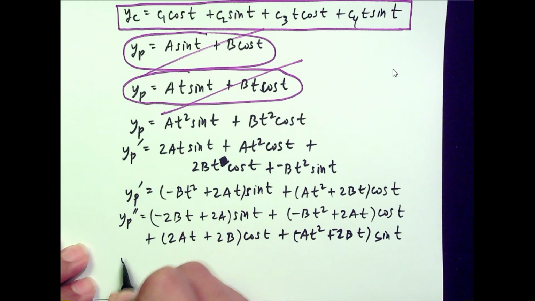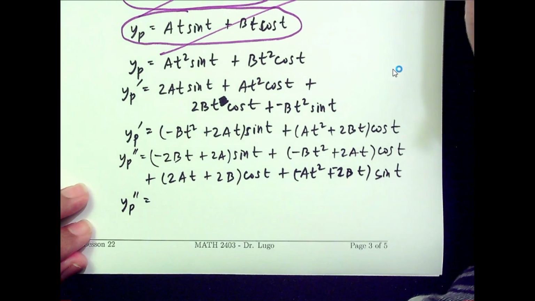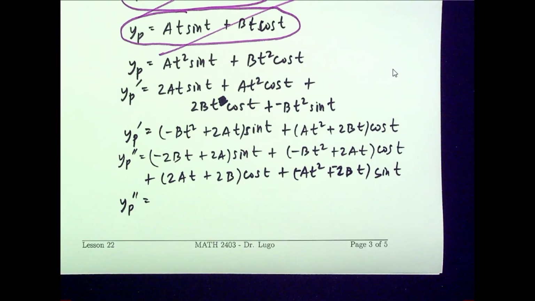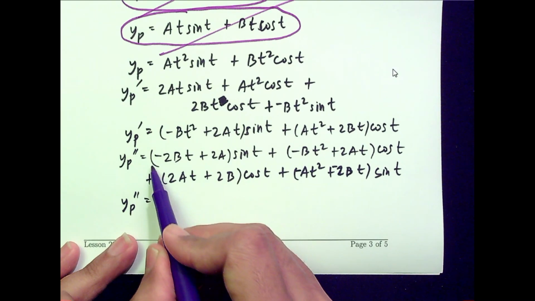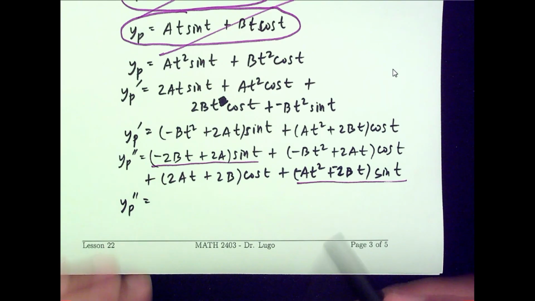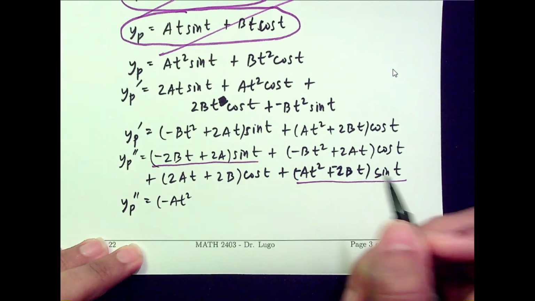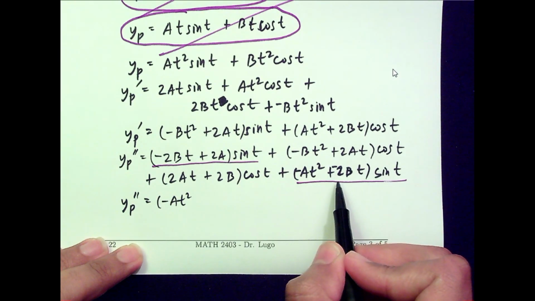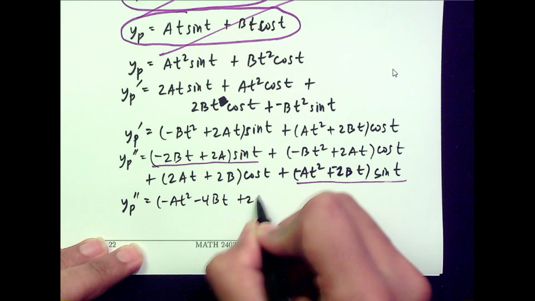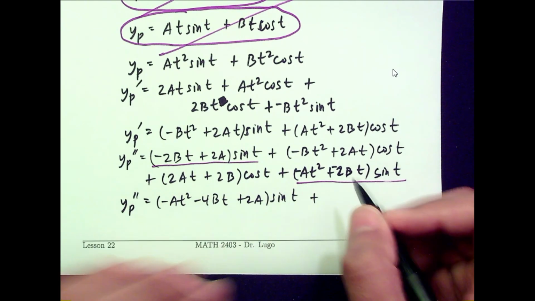And now let's combine the sines together and the cosines together to simplify this. Here are the sines. Let's combine them. Starting with the highest exponent, this is going to be negative a t squared, negative 2bt and negative 2bt is negative 4bt, plus 2a sine of t, plus, and now let's combine the cosines.